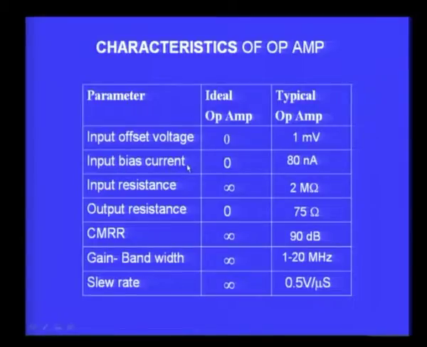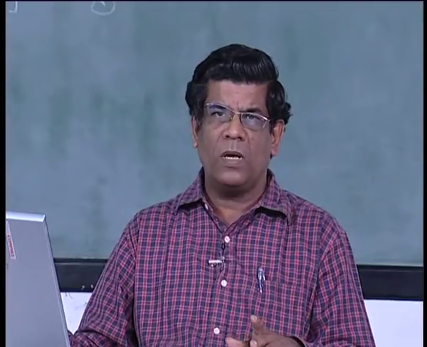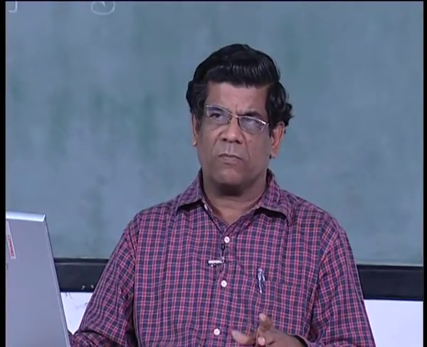Similarly, input bias current in principle should be 0, but in a real situation it cannot be 0. It cannot be 0 because the input terminals correspond to the terminals of the base of the two transistors which form the differential amplifier configuration, and therefore the amplifier, if we want it to work like an amplifier, should have some minimum though finite current flowing through the base terminals of the transistors.